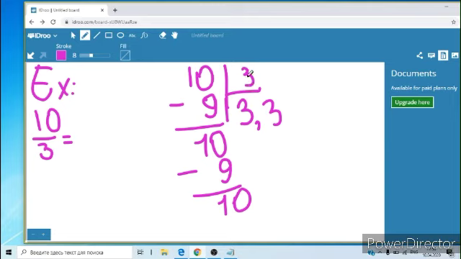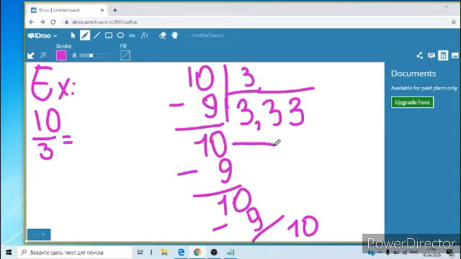So 10 divided by 3, we will give 3, and 3 times 3 is 9. If we subtract, we get 1 here. Also we can give 10. But look, if you look carefully, our remainders are repeating. Remainders are repeating. So here we will get a repeating digit, which is 3.